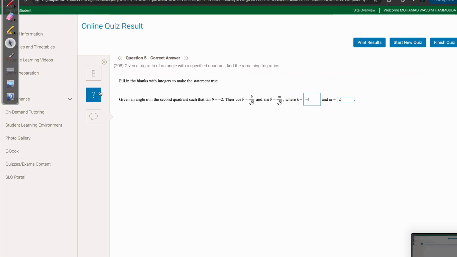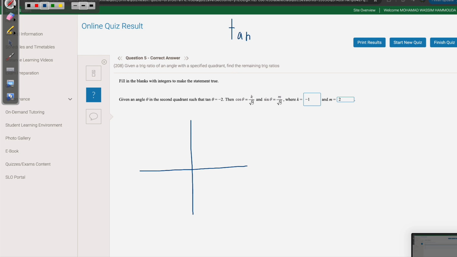Given an angle in the second quadrant such that tan is equal to negative 2, then cosine is equal to k over radical 5 and sine is equal to m over radical 5. Okay, so this question is actually quite interesting, and there's a really fun way to solve it that most people won't learn till like grade 12.